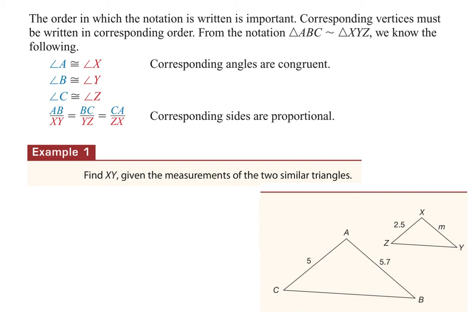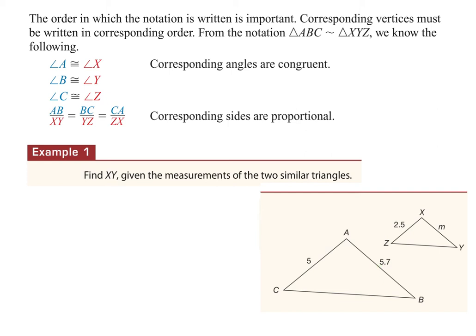So if I look at this example here, they are telling me that ABC is similar to XYZ. And so I can assume that XZ is the one that goes along with AC, and that XY goes along with AB.